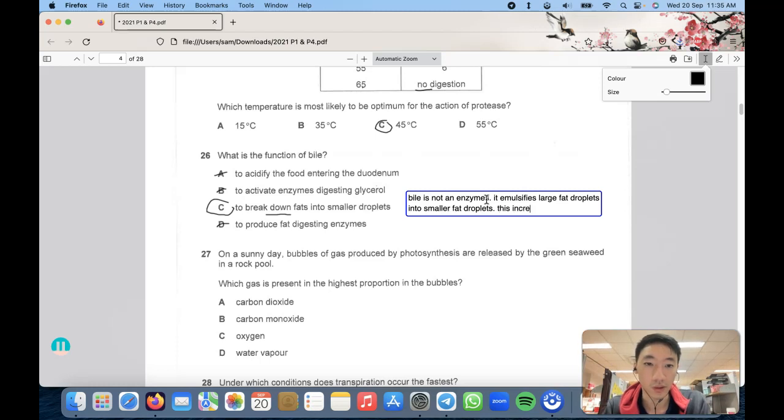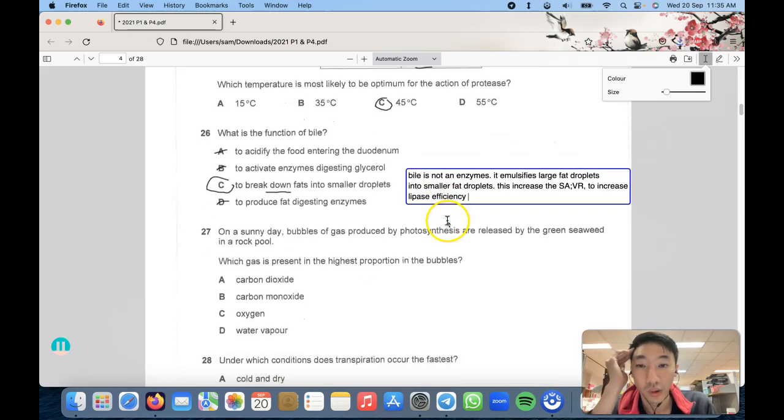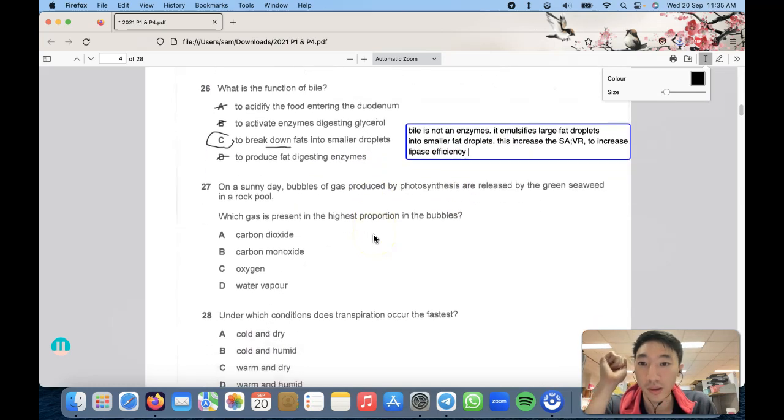This increases the surface area to volume ratio to increase lipase efficiency. So that's what bile does. It increases the surface area to volume ratio of the fat droplets.